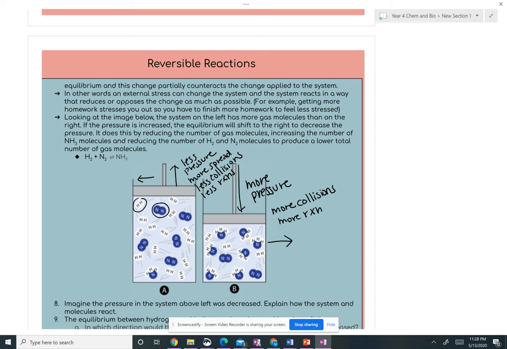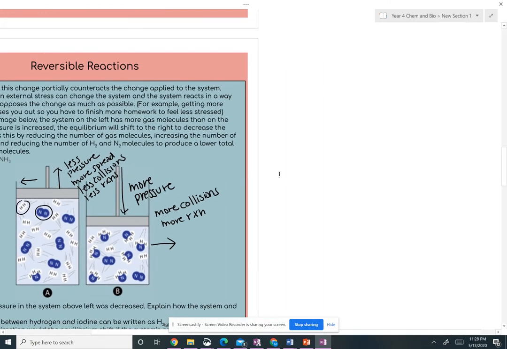An example is you heating a reaction. When you heat a reaction, it's basically the same concept. Say we have a reaction that is happening in our beaker.